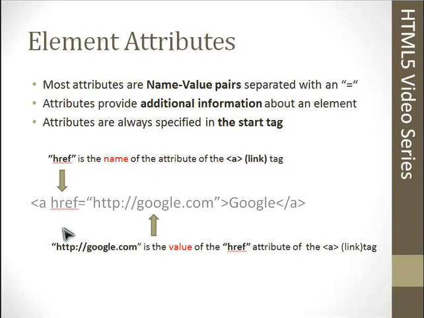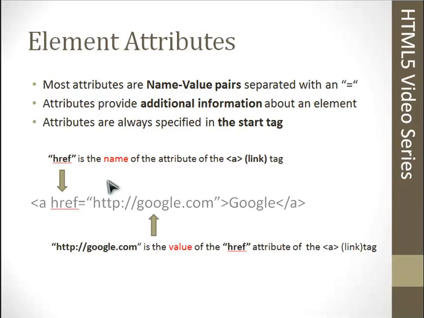So here we can see the attribute name is href and the value is http google.com, which is the link. And just like before, we have the text Google wrapped in an A tag, which is a link tag. What this would look like in the browser is just the word Google, and you could click on it and it would be a link.